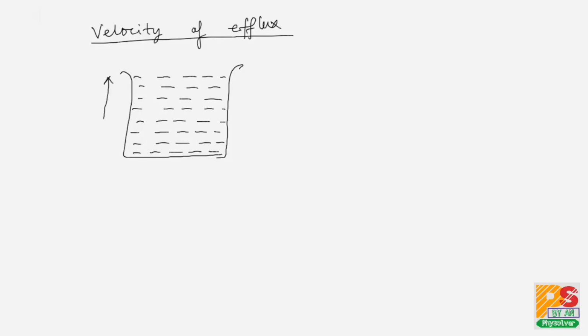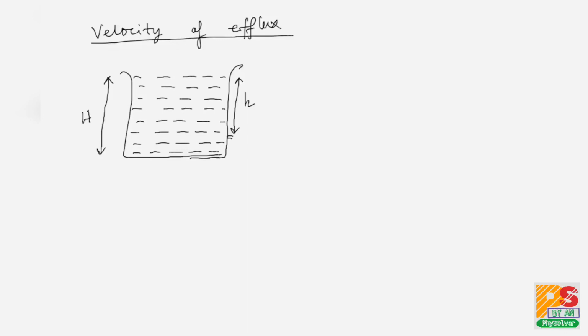The total height of the liquid in the container is capital H, and we make a hole here at a depth, suppose small h, from the free surface of the liquid.